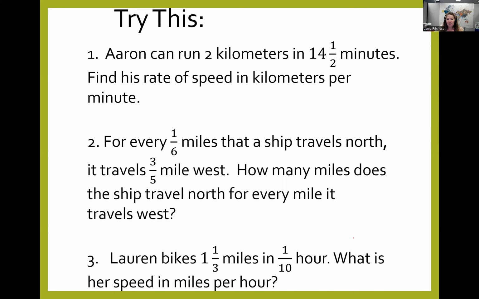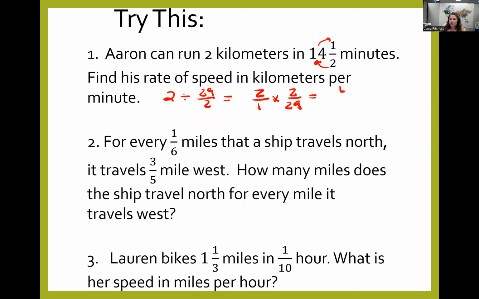Aaron can run 2 kilometers in 14 1/2 minutes. Find his rate of speed in kilometers per minute. So we're going to do 2 kilometers divided by, so I would multiply 14 times 2 plus 1, so 28, 29 halves. So I'm going to keep it, change it, flip it.